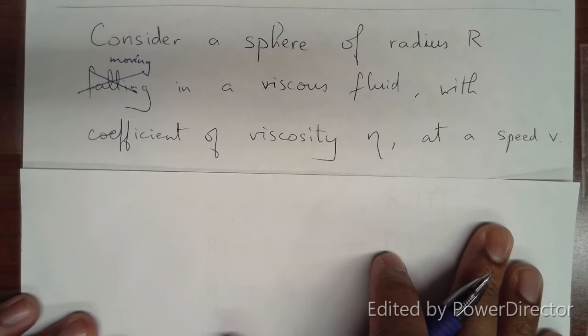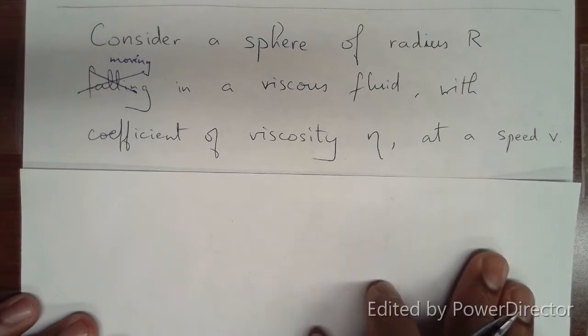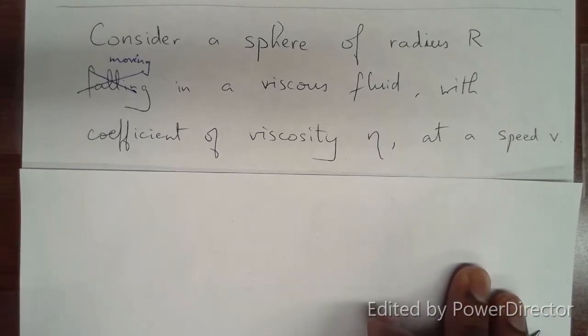We consider a sphere of radius r moving in a viscous fluid which has a coefficient of viscosity eta at a speed v. You might consider, for example, a ball bearing falling through syrup at a constant terminal speed. So we want to get an expression for the drag force that the sphere experiences.